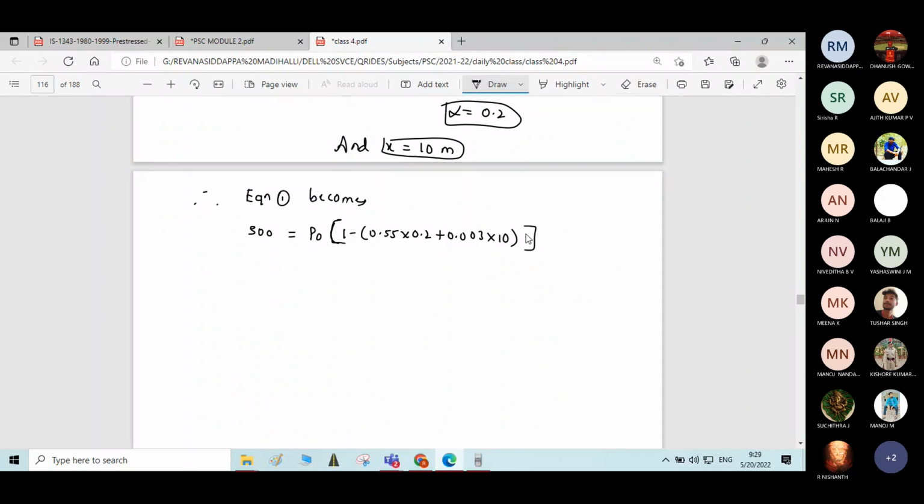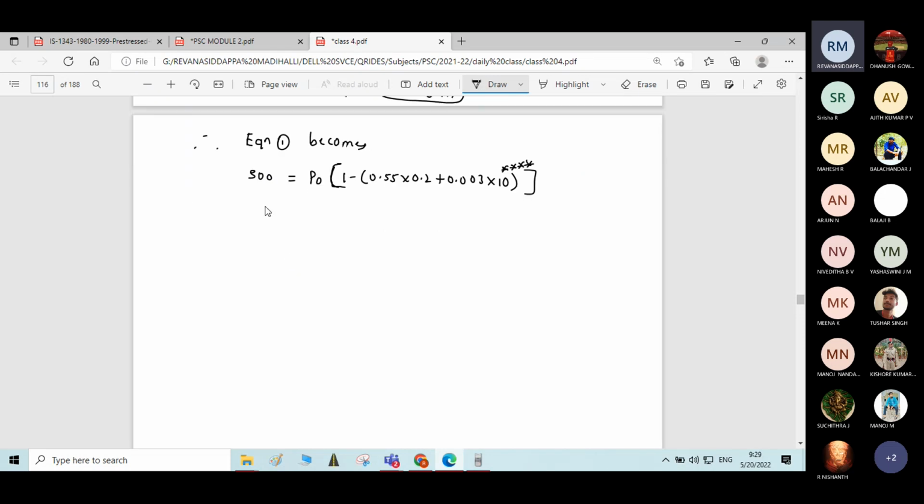This is very important: you need to substitute x in terms of meter only. This formula is derived such that if you substitute the x value in meter, you will get the stress in terms of Newton per mm square. Here P naught is the only unknown that you can solve. Please solve it and let me know how much you'll get.